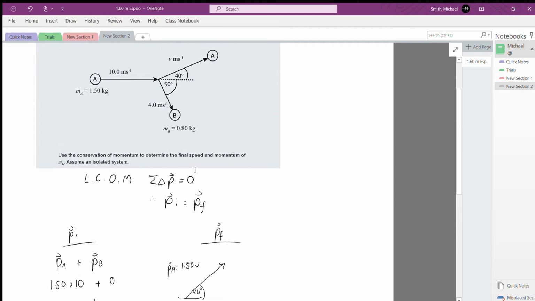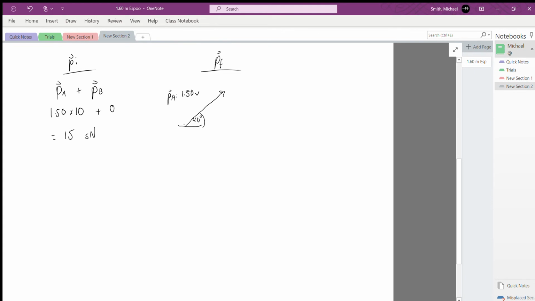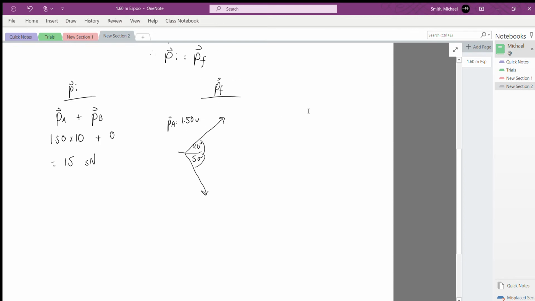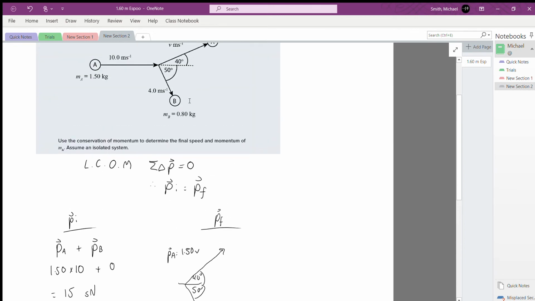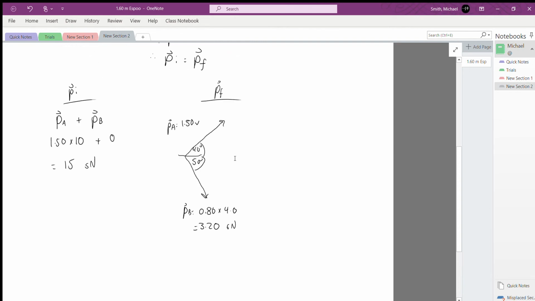And ball B moves at 50 below horizontal, and we'll just draw that. We do know the values of the speed and mass of ball B, so that's 0.8 kilograms moving at 4 meters per second, so that'll be 3.2 kg m/s.